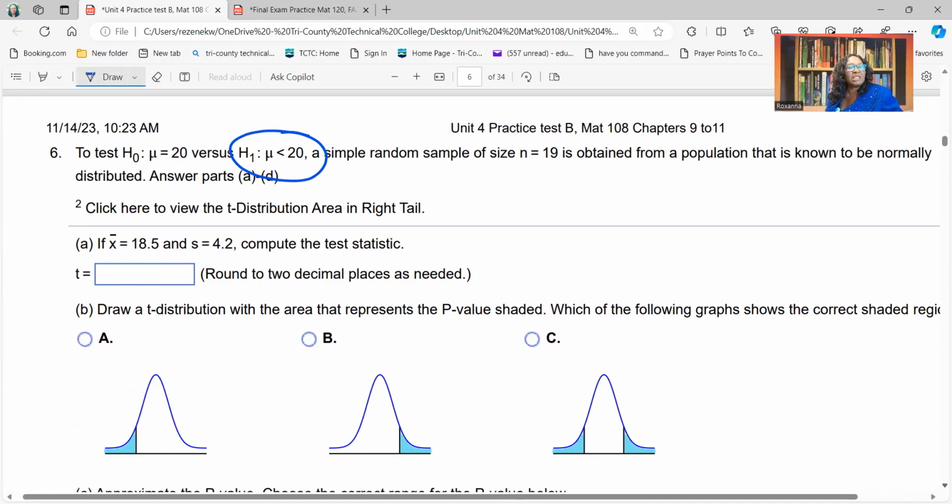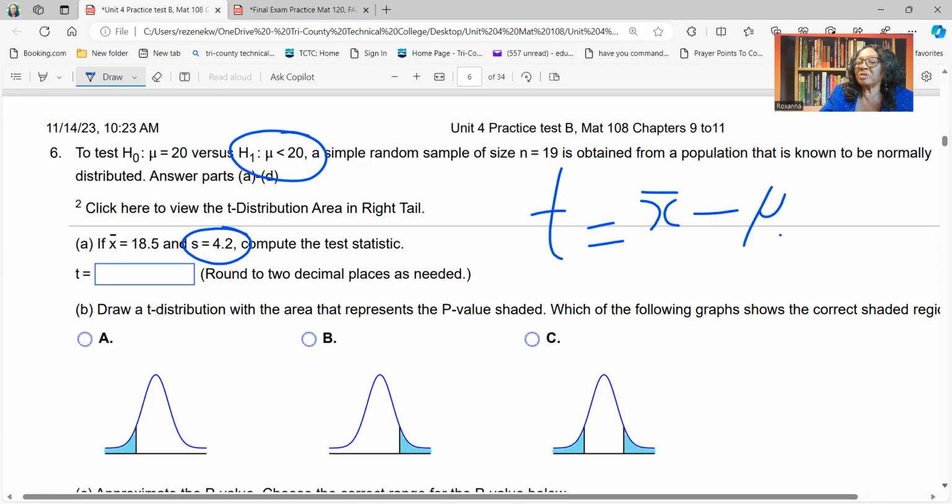If X bar is 18.5 and standard deviation is 4.2, compute the test statistic. Remember what the test statistic is? By the way, we are using T distribution because they did not give us the population standard deviation. Therefore, the test statistic is T equal to X bar minus the mean all over standard deviation over square root of sample size.